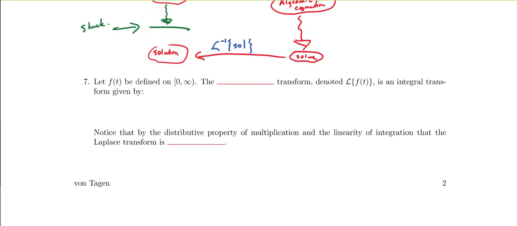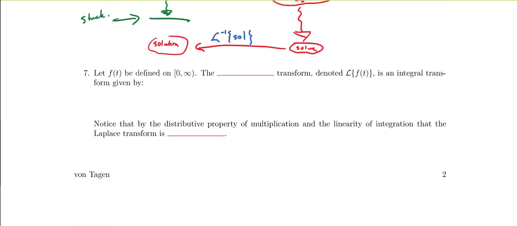So what is the Laplace transform? Well, if we have a function f of t defined on this interval right here, so it's got to be defined for non-negative values of t, then the Laplace transform, which we will denote this way, with a script curly L and braces around the function that we're taking the Laplace transform of, is an integral transform given by the following.